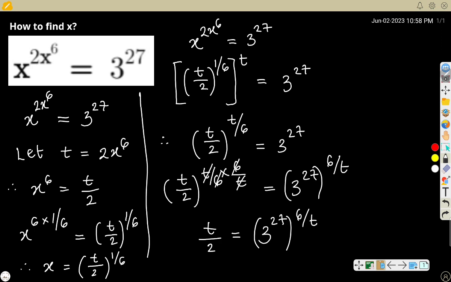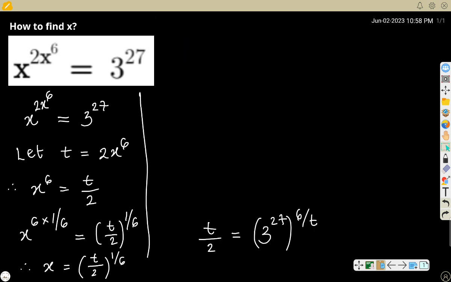Like that. So now multiply both sides by 2 over t. So I want to make everything here 1. So multiply both sides by 2 over t. So we have t over 2 times 2 over t will be equal to 3 raised to power 27 to the 6 over t times 2 over t.